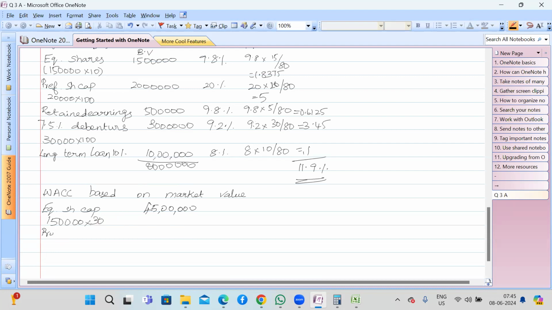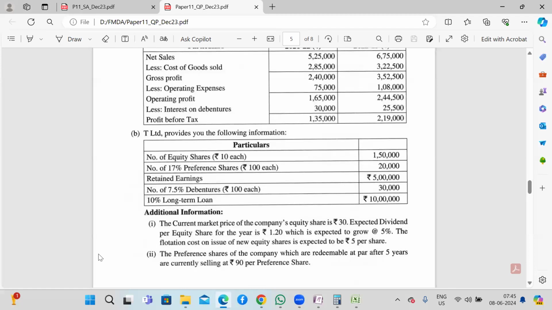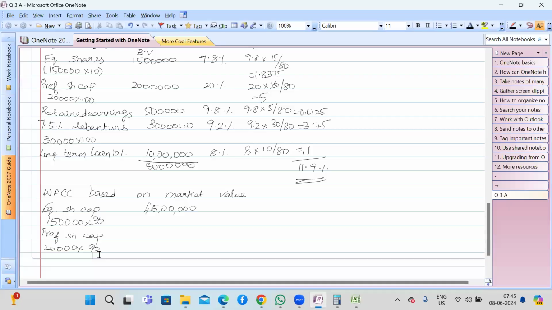Here, preference share capital is 20,000 into 90 rupees, the price it is currently trading at, so 18 lakhs.